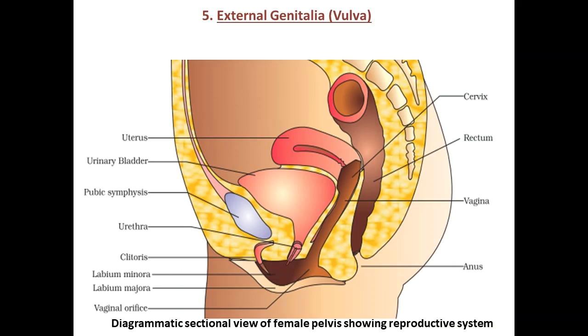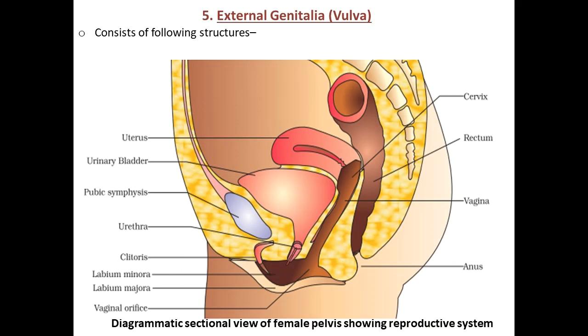External genitalia consist of mons pubis, labia minora and majora, and clitoris. Plus, the vagina opening is enclosed in it, an aperture covered by the membrane called hymen, which I have already taken up with you in the vagina.